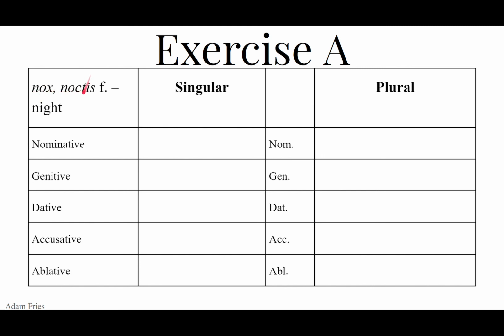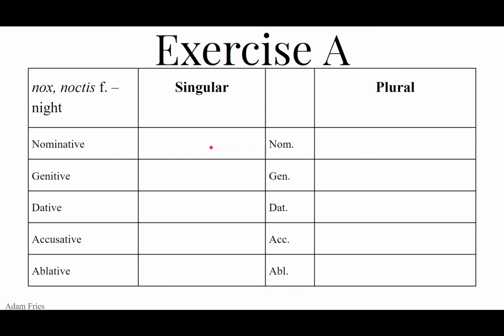And when you chop off that is and look at its stem, it ends in two consonants, C and T. C is not a vowel, T is not a vowel, they are consonants. Therefore, it is an I stem. Monosyllabic nominative and stem ending in two consonants. That makes the genitive plural ium, noctium, instead of noctum.